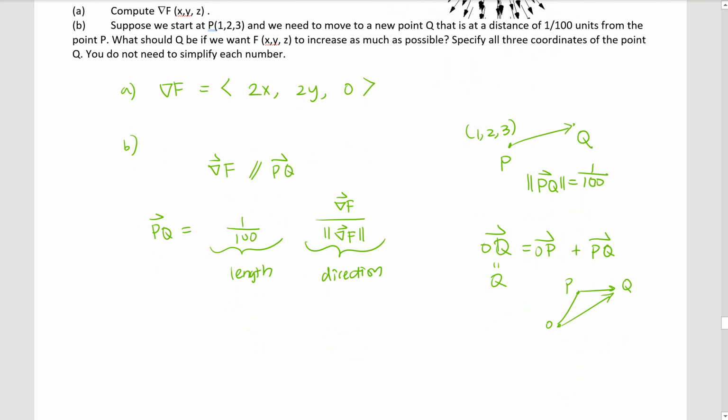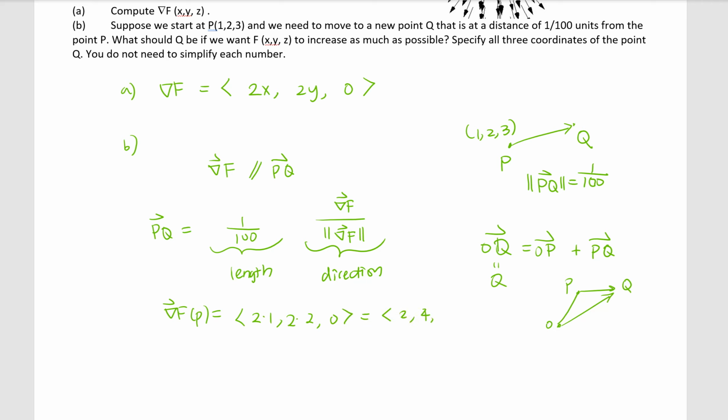Alright, so let's do it. What is the length of this gradient vector? What is the gradient vector at that point? Okay, so the gradient vector at P. Let's see. We have 1, 2, 3, so 2 times 1, 2 times y is 4, and there's no z, right?